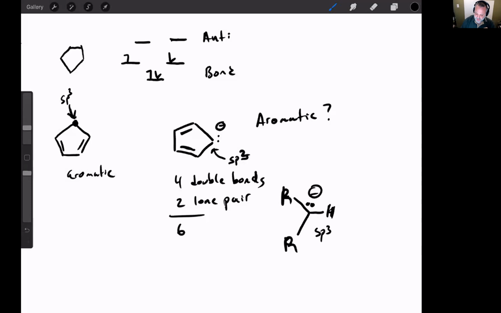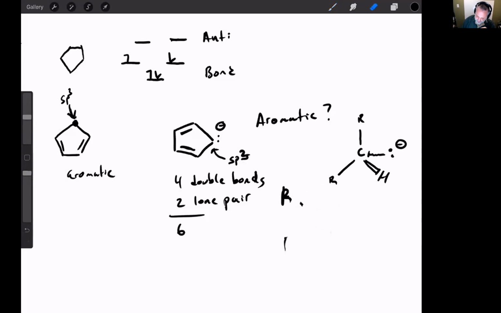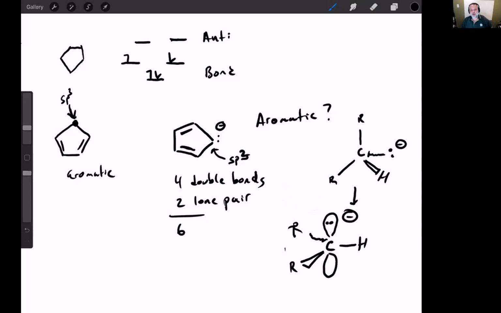And so what actually happens, instead of this carbon being perfectly sp3 hybridized with an R group here, an R group here, a hydrogen there, and the lone pair there, is that it rehybridizes to form an sp2 hybridized carbon, so that I have a p orbital that remains unhybridized where those electrons reside, with quotation marks.